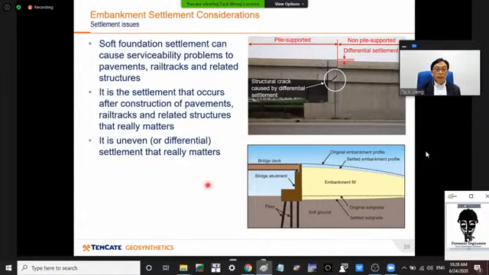This settlement that occurs after construction of pavements causes all this. Just imagine if you have a pavement, your car is riding, and it suddenly has to overcome a hump, and that is undesirable.